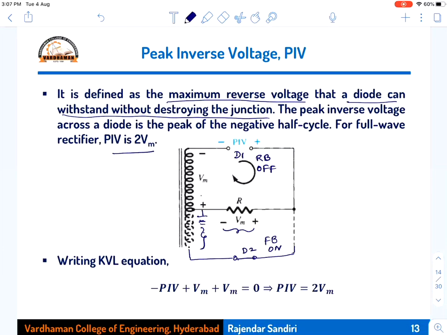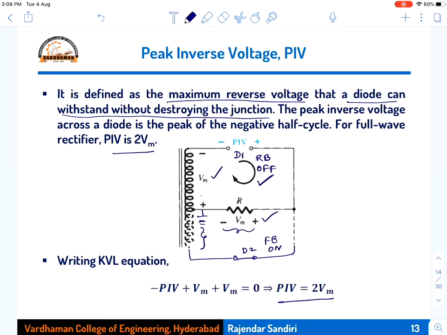Now, if you apply KVL to this loop, then you will get minus PIV plus Vm plus Vm is equal to 0. Then PIV will be this voltage and this voltage. Both these voltages are added to appear across the diode D1, which we call the peak inverse voltage.